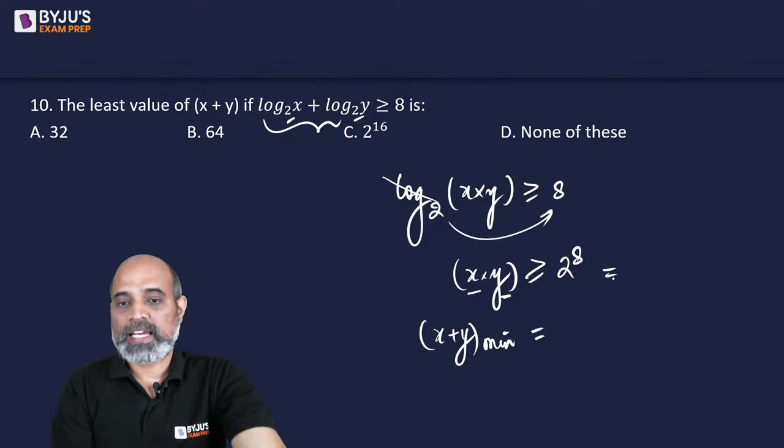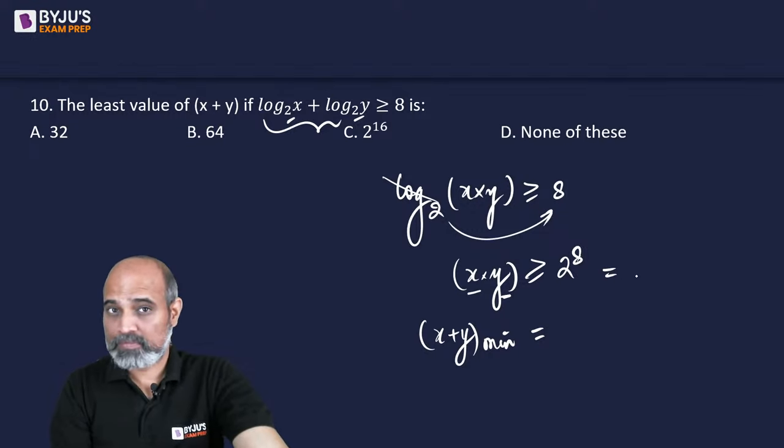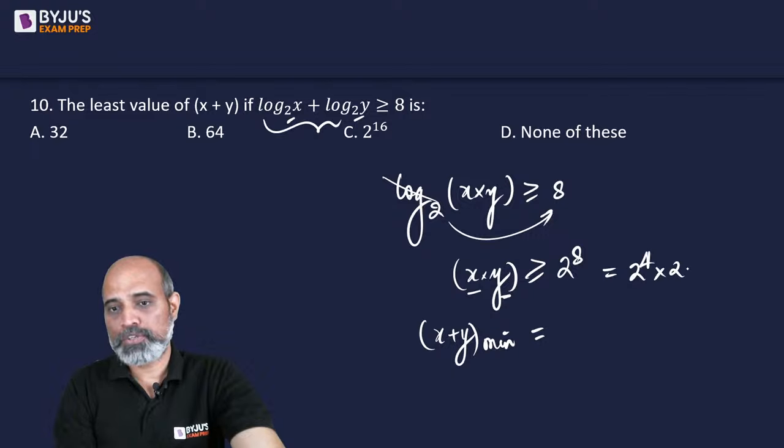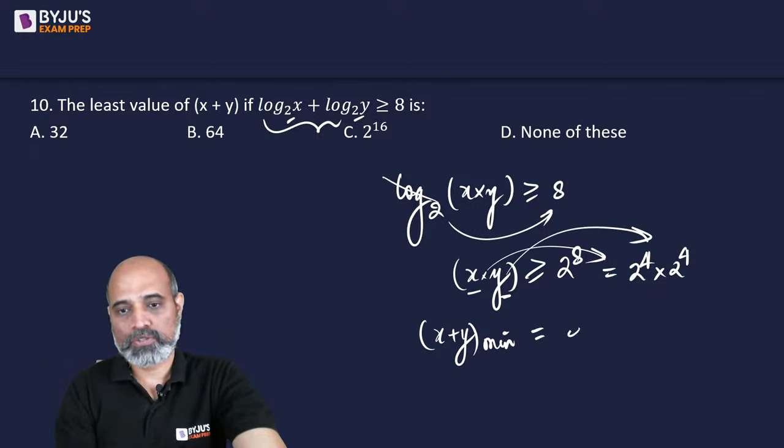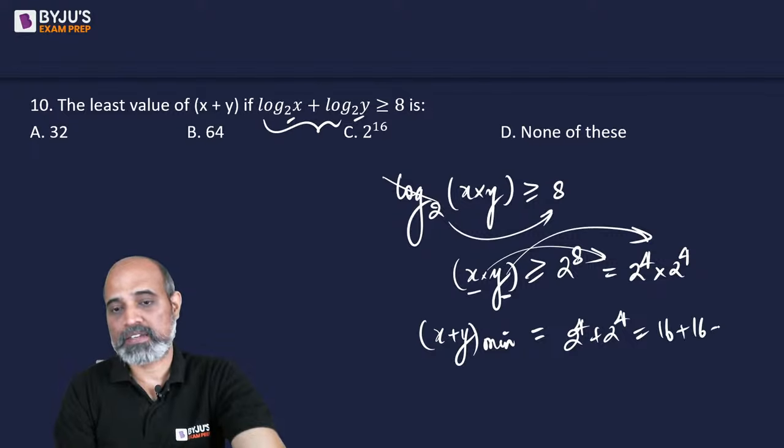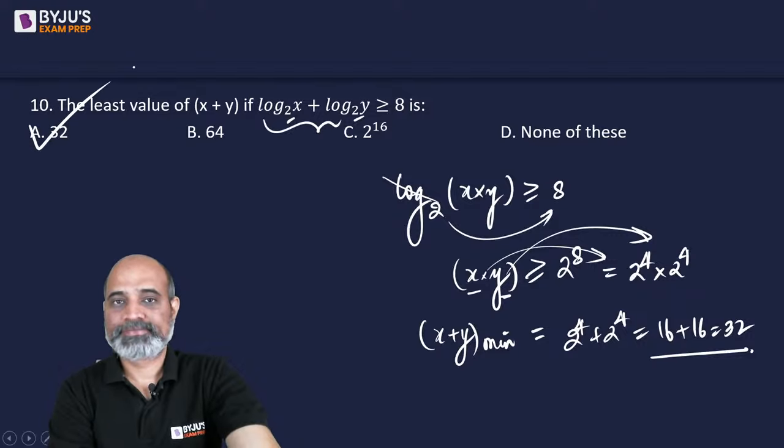So that means I have to write 2 to the power 8 as a product of two values which are same. So 2 to the power 4 into 2 to the power 4. So x is also 2 to the power 4 as y is. So 2 to the power 4 plus 2 to the power 4, which is nothing but 16 plus 16, which is 32. So option A, 32 will be the answer.